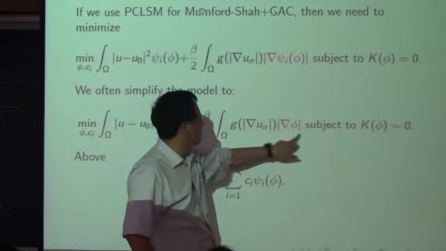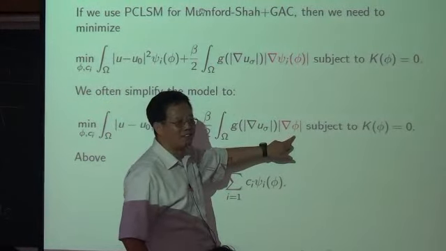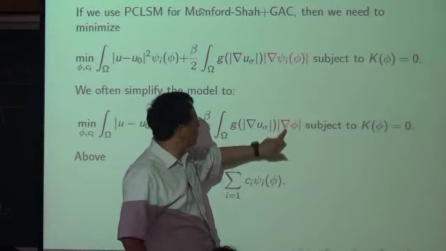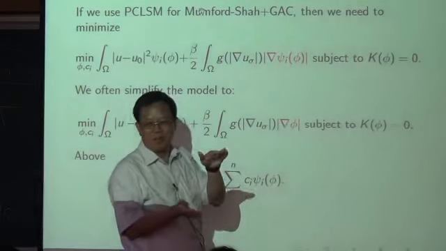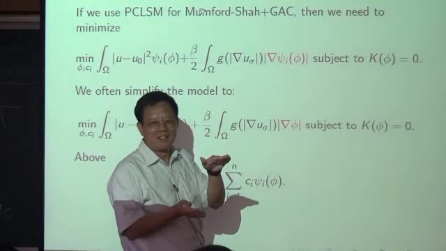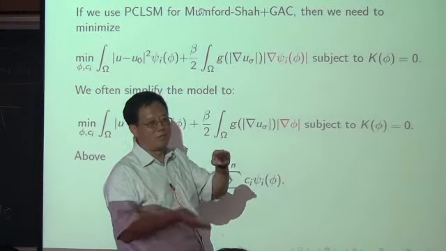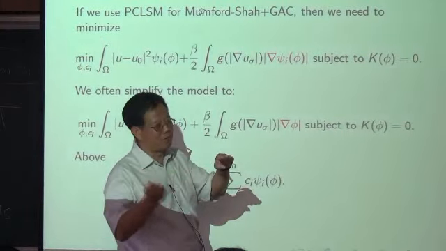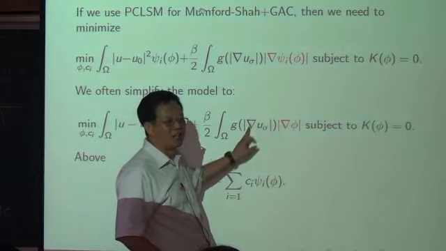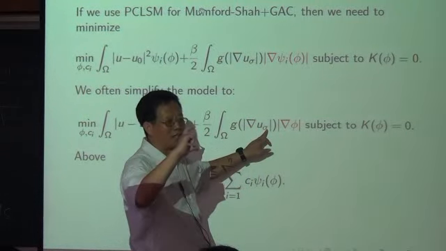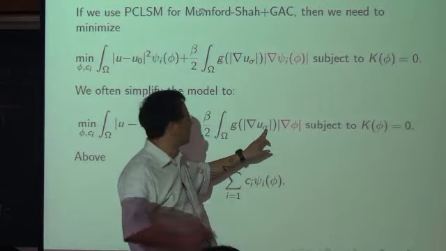You can simplify, just replace it by this one. If you do this, because phi is not 0, 1, the jump of phi comes in. So phi sometimes jumps from 1 to 2, sometimes from 1 to 5. If it jumps from 1 to 5, the length will be multiplied by the jump. So that's the only thing.